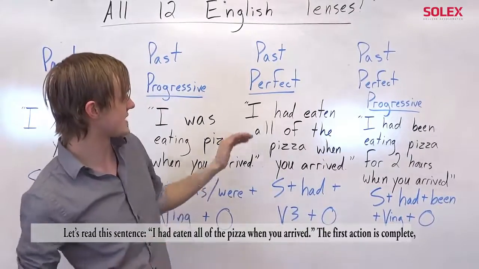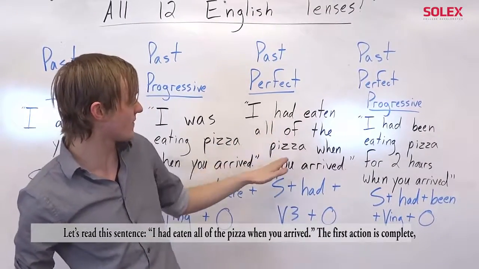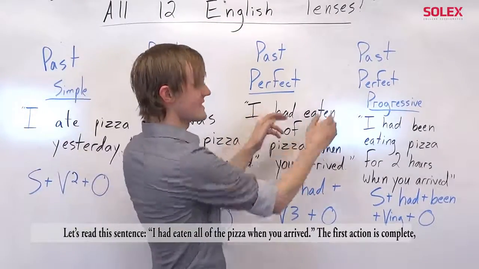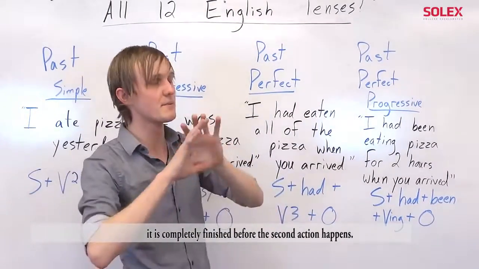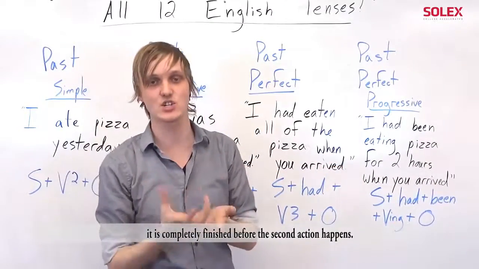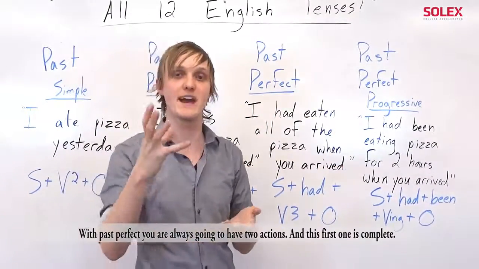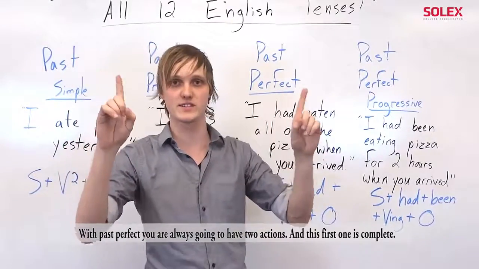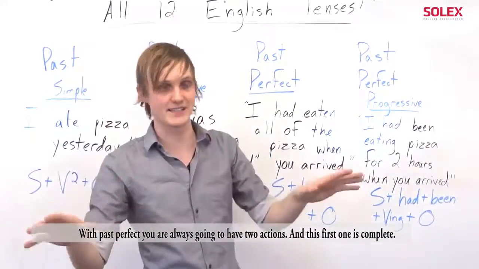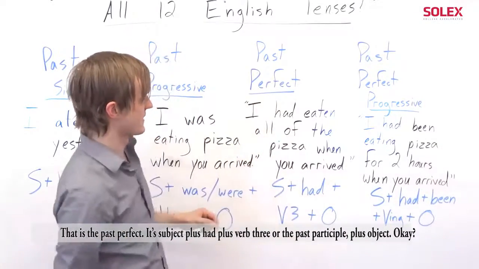Let's read the sentence. I had eaten all of the pizza when you arrived. The first action is complete. It is completely finished before the second action happens. With past perfect, you are always going to have two actions, and this first one is complete. That is the past perfect.